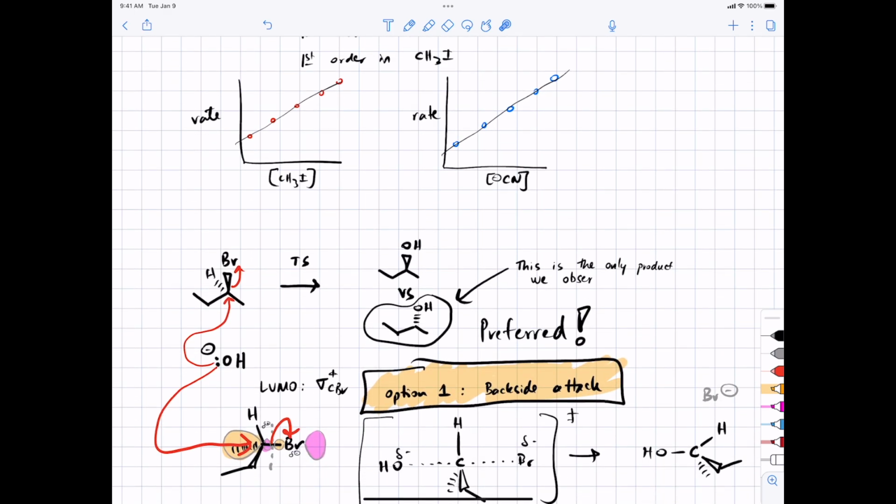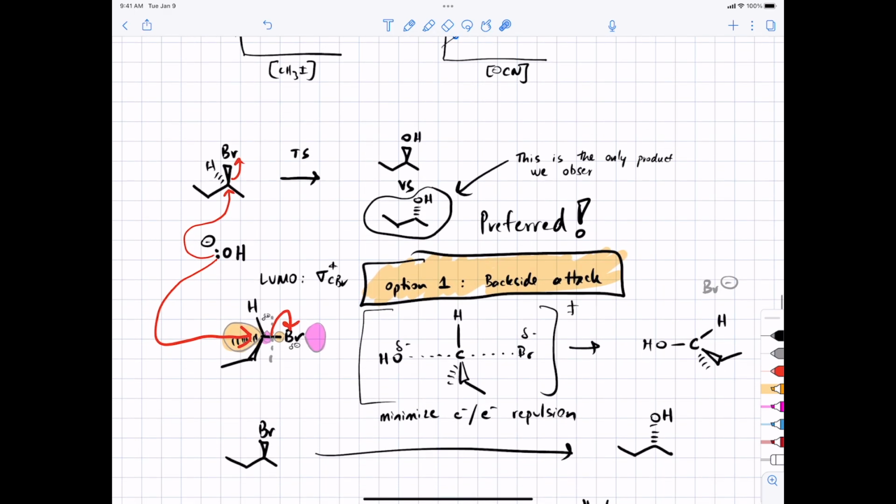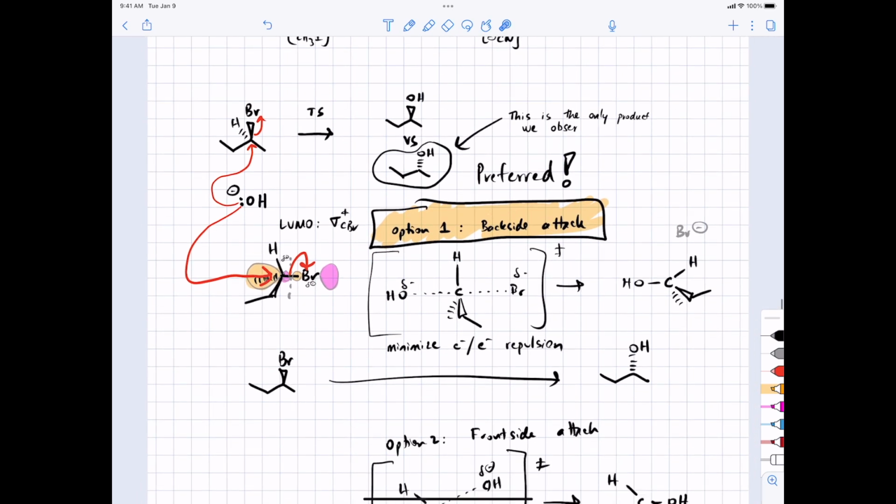And then we talked about stereochemical consequences of this reaction. We mentioned that when the nucleophile attacks the carbon, it does so at the backside of the carbon-leaving group bond, because that's where it most easily accesses the sigma star.